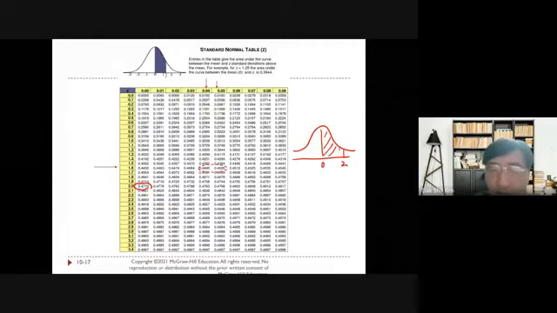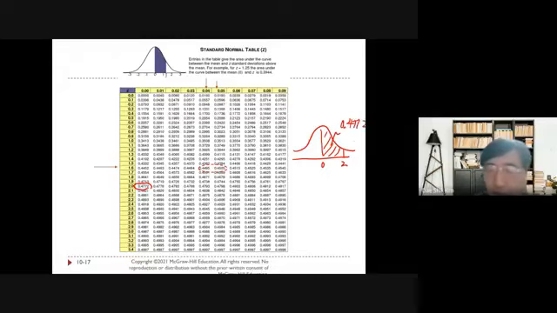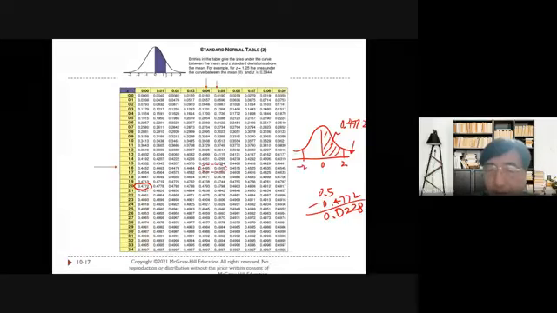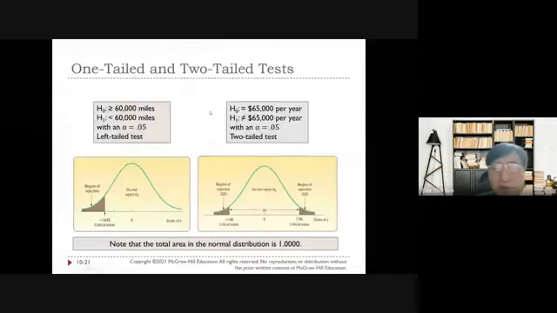This percentage is 0.4772. The outside is 0.5 minus 0.4772, which is 0.0228. The same thing for minus 2. Okay, this area is 0.0228. That will be the p-value.